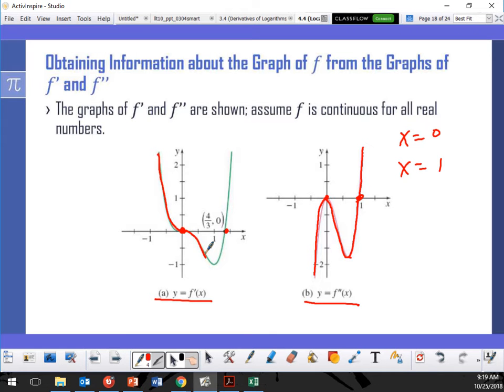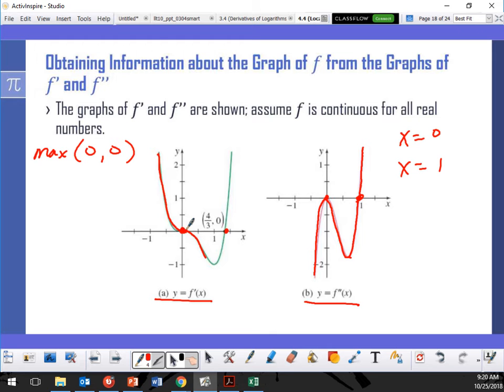It's going from positive to negative, so it means it's going to do what? This point right here, I'm going to have a max at 0. Okay. Now, let's look over here.